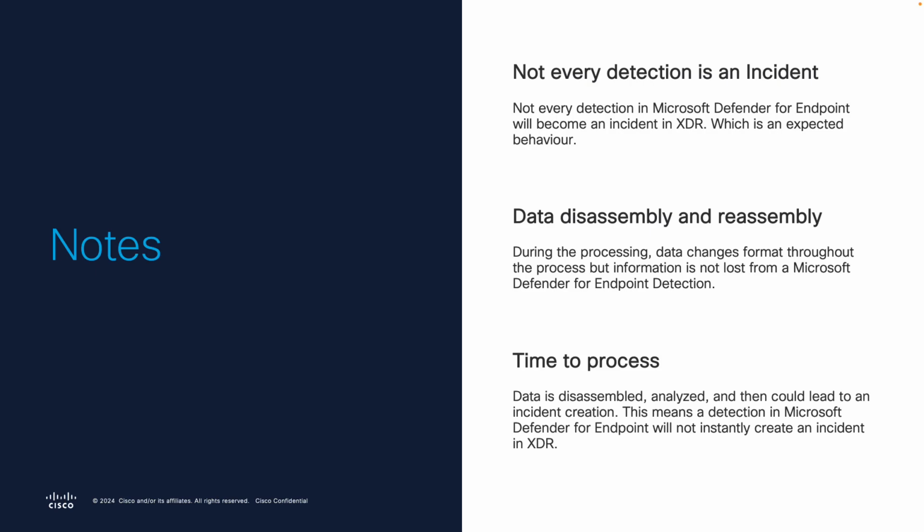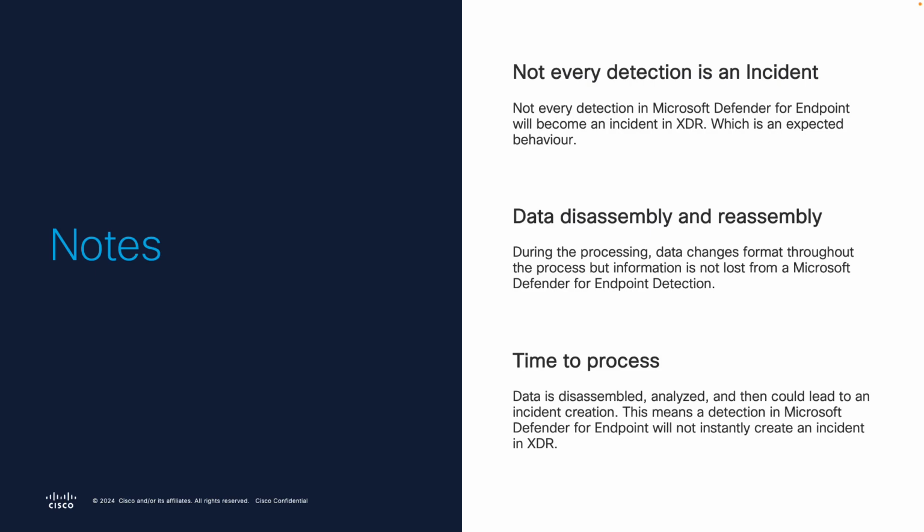The third thing to note is the time to process. Of course, the data is disassembled, analyzed, and then it could lead to an incident creation if it's part maybe of an attack chain or part of a specific type of detections or advanced detection, maybe based on machine learning or AI. This means a detection in Microsoft Defender for Endpoint will not instantly lead to the creation of an incident in XDR.